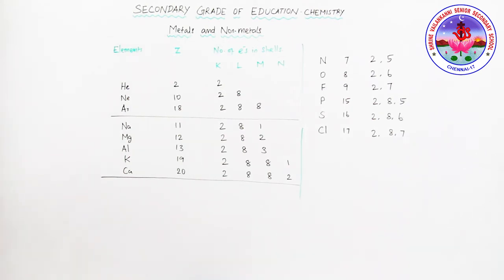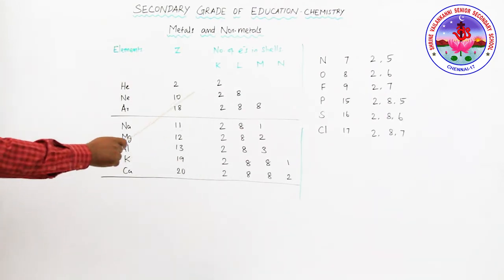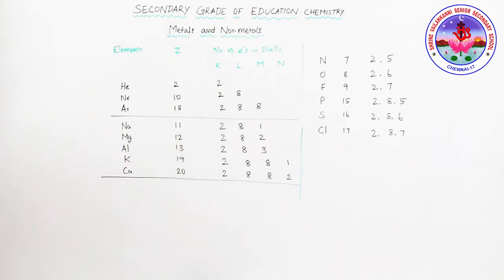See here, if the outermost electron is lost from the M shell, then the L shell becomes the outermost shell, and it has the stable octet configuration. The nucleus of this sodium atom still has 11 protons, but the electrons have become 10 only.